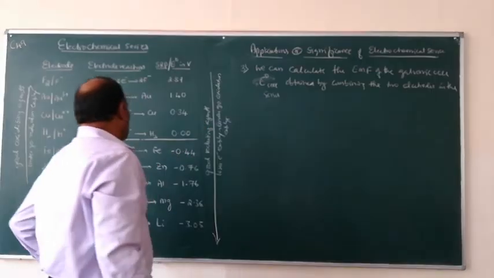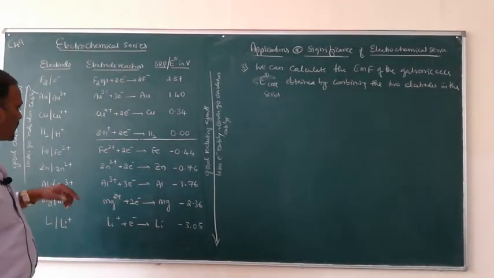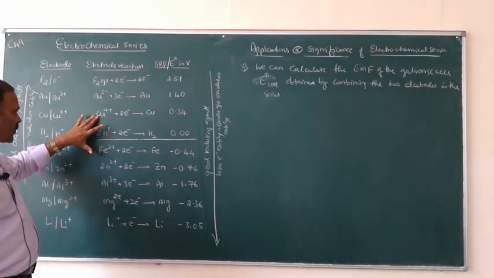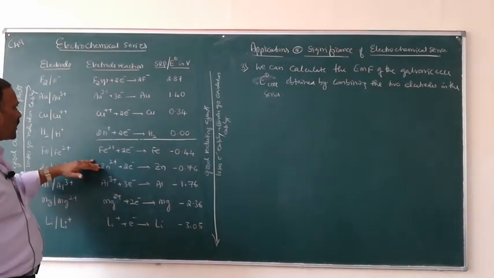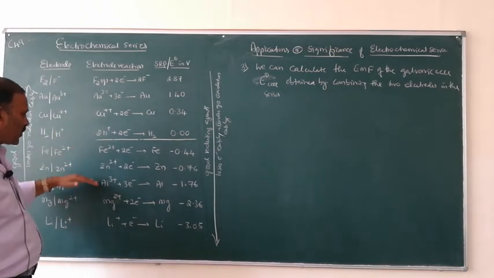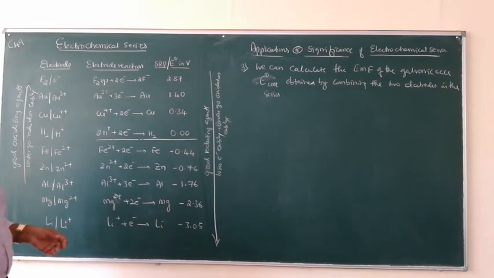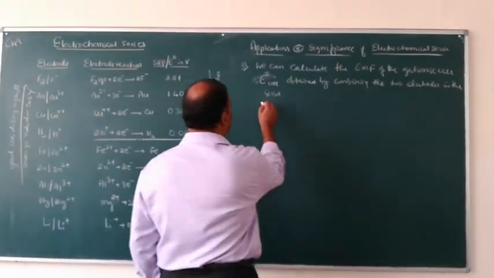So we can calculate the electrode potential of the cell obtained. For example, when zinc electrode is coupled with copper electrode, we will get Daniell cell. On the other hand, when zinc electrode is coupled with hydrogen electrode, aluminum electrode coupled with iron electrode, etc., we can calculate the EMF of the cell.